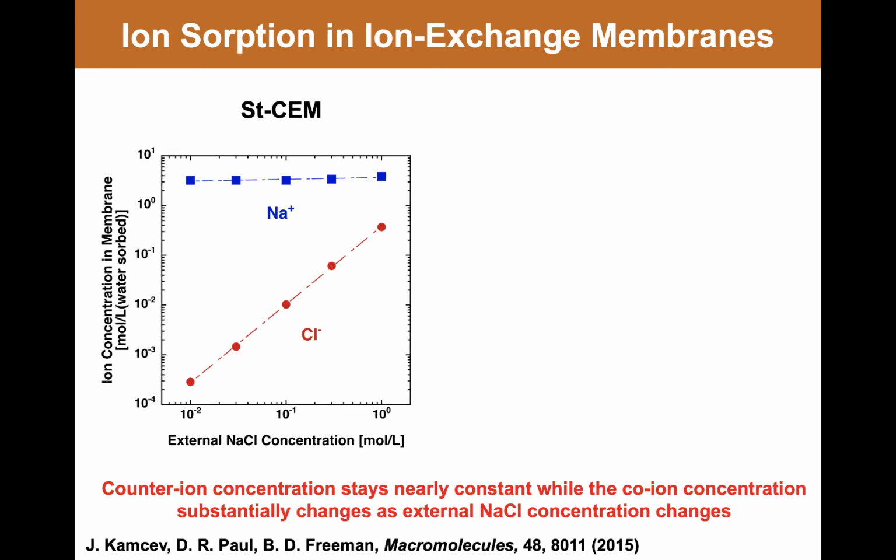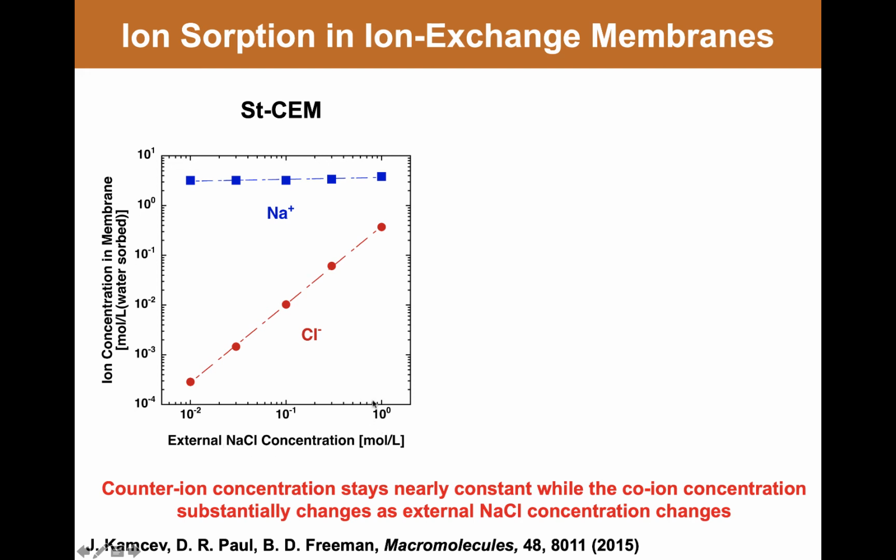Now, with that picture in mind, we can start to talk about experimental data. In that styrenic cation exchange membrane, it has sulfonate groups on the backbone of it. This is showing ion sorption, or ion equilibrium data, where the ion concentration in the membrane is being plotted as a function of the external sodium chloride concentration.